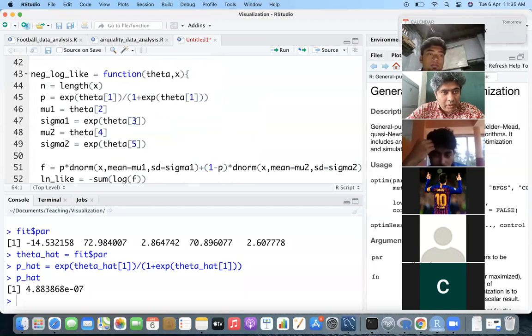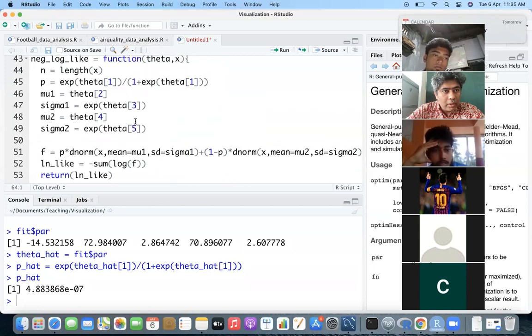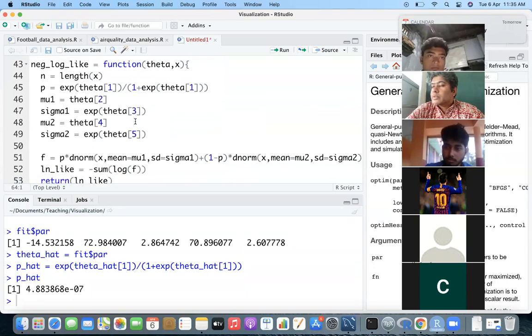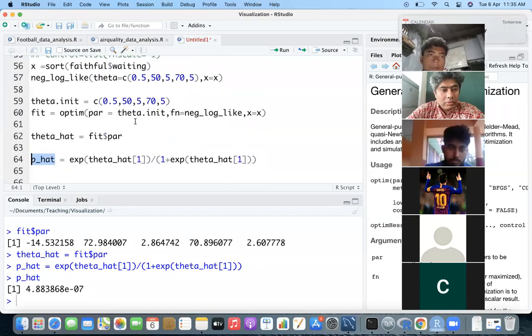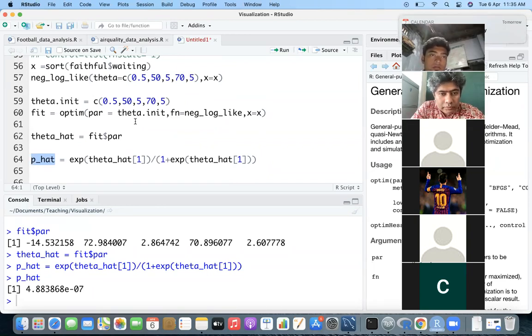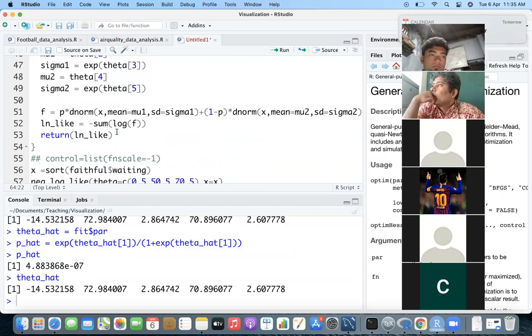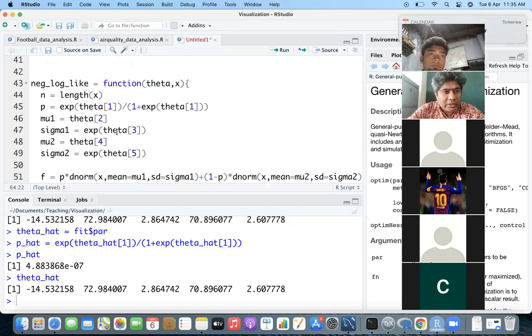So shouldn't we use the inverse of that function? I mean, like the inverse logit function for P. No. Let me just.